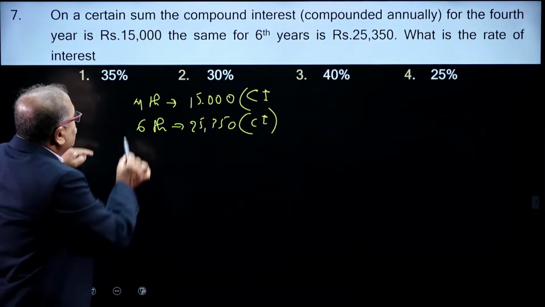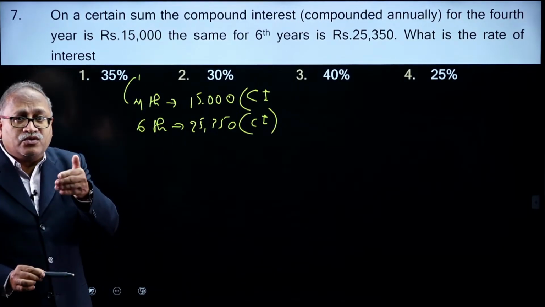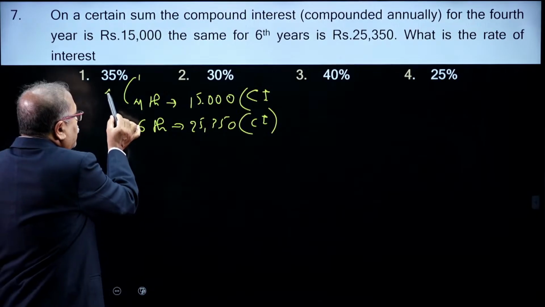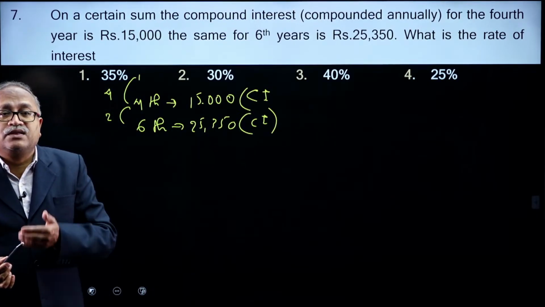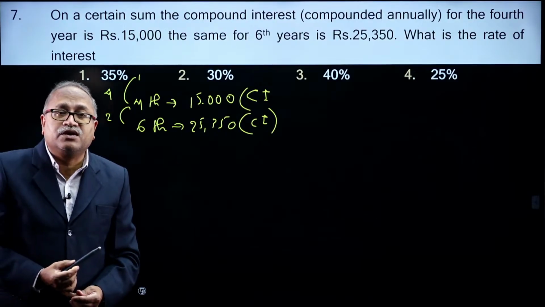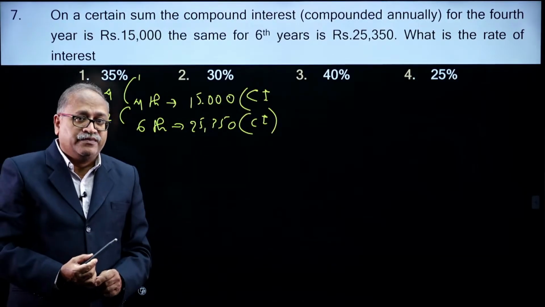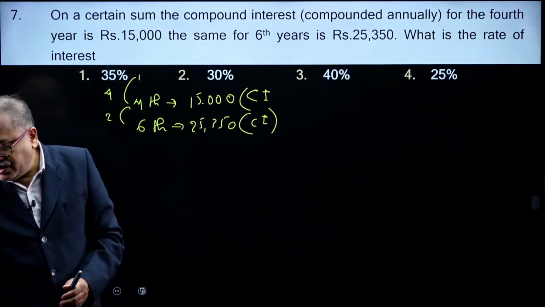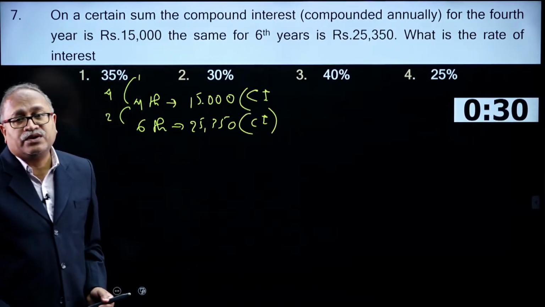See that here from 0 to 4, 4 years gap, and here it is 2 years gap. So, I cannot place them in the geometric progression formula, x by y is equal to y by z. How do we do it? Let me see if some of you can answer the question here. I am giving 30 seconds for you to answer it.